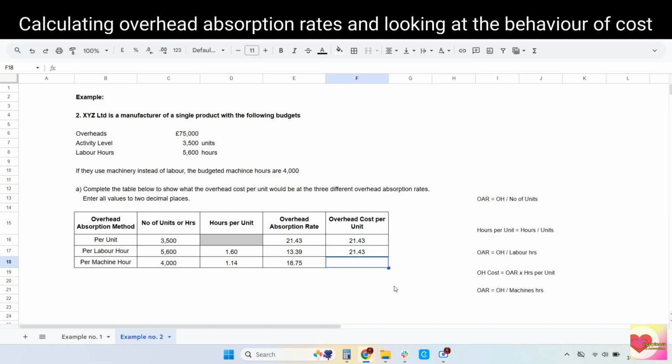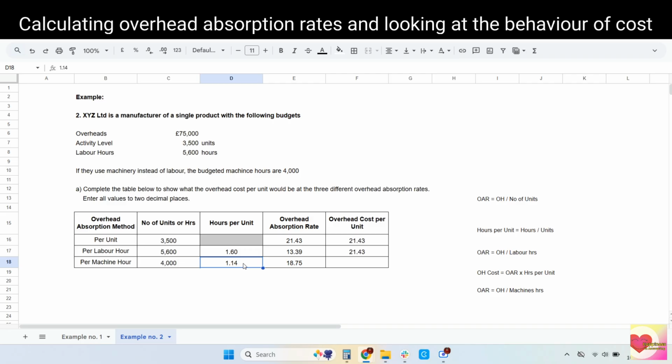So let's use the same formula here. We have to multiply the OAR by the hours per unit. But first, we have to be careful before we proceed in multiplying. You have to remember that the amount that we put here earlier was already rounded off.